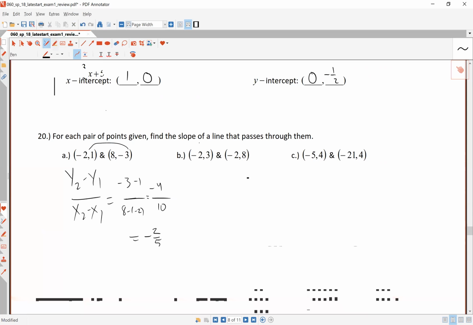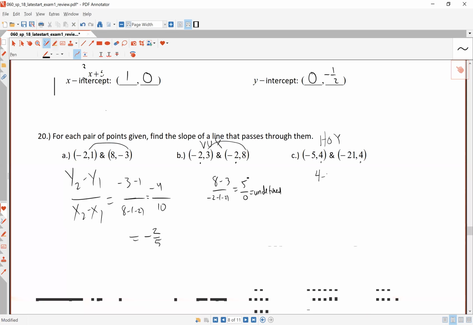But letter B is a VOOCs because the x's are the same. And when you do y2 minus y1, you get 5. And when you do -2 minus -2, you get 0. That's the undefined slope. And C, that's the OI, because you look at the y's are the same there.